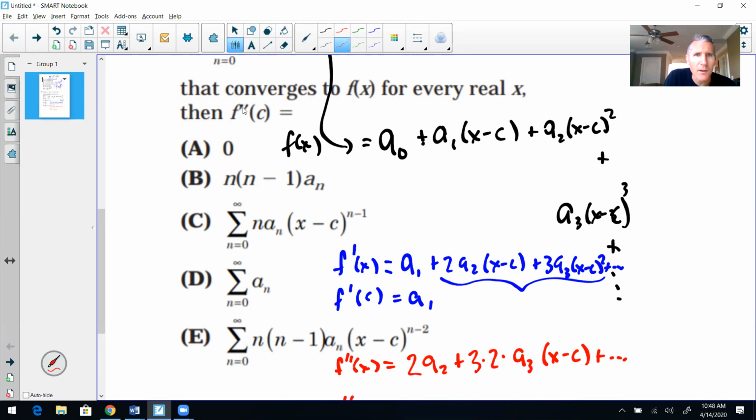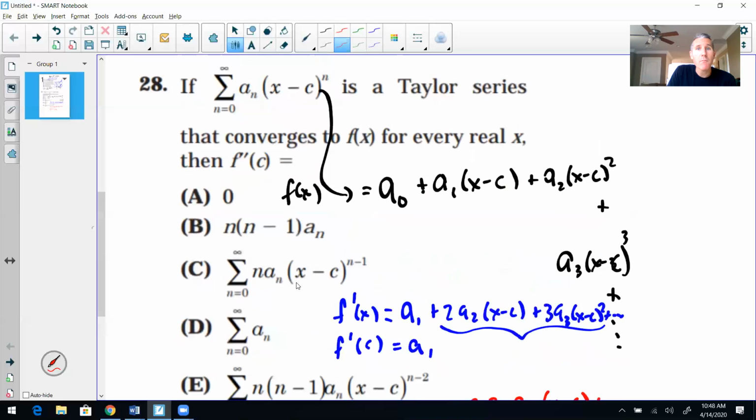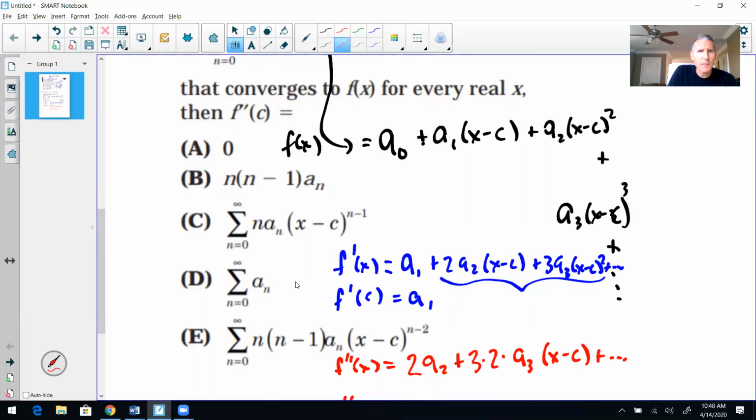That is a double prime, right? It's kind of tough to tell. But anyway, that should be just 2 times 1 times a sub 2. So it looks like b. I don't like how they put n in there. If they tell you what n is, 2. But anyway, I believe that's going to be b.